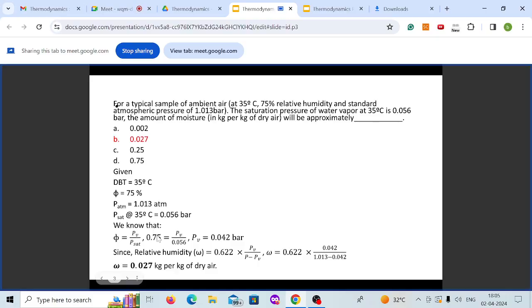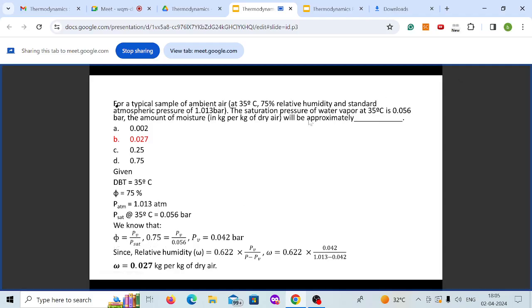Now we can calculate the relative humidity as the vapor pressure of water vapor divided by the saturation pressure. You know the saturation pressure, so you can find the vapor pressure.